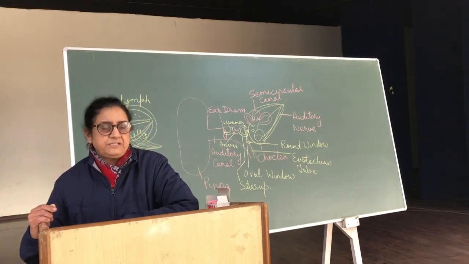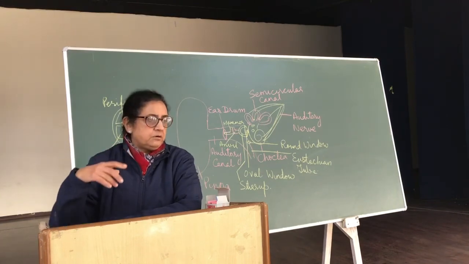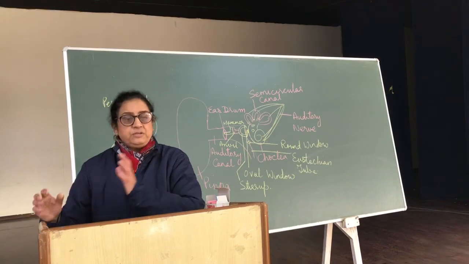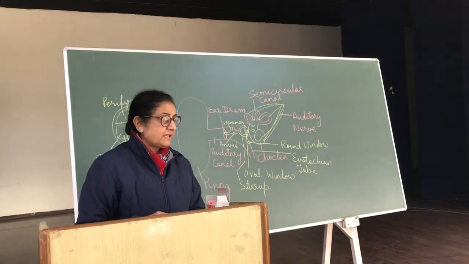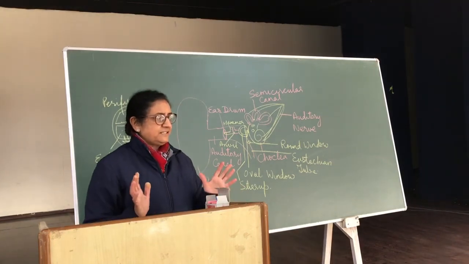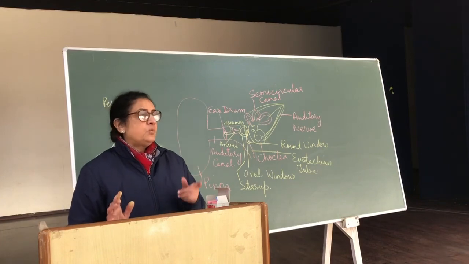You all must have experienced that when you go on a merry-go-round or some swing, then when you come down, what happens? Can you stand stable for some time? It seems things are moving. Why?